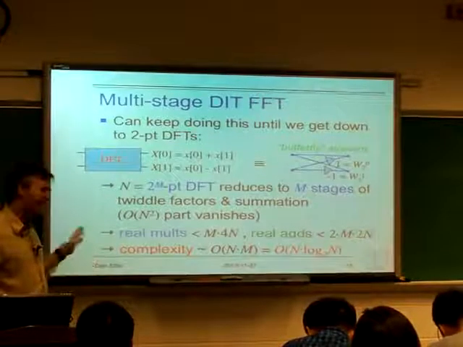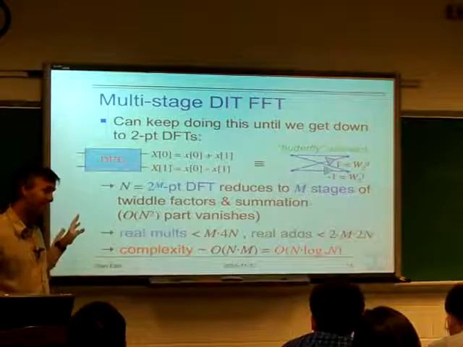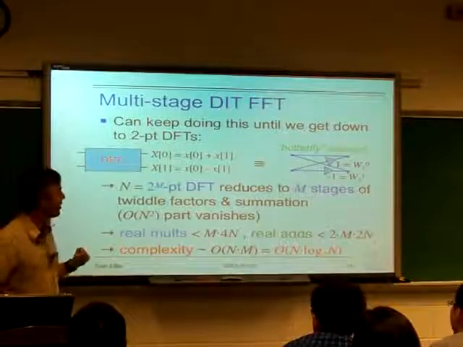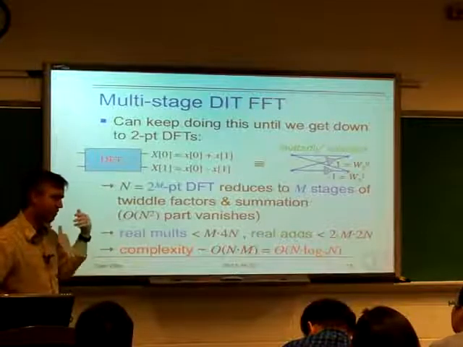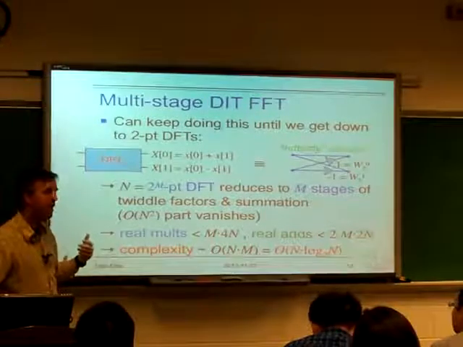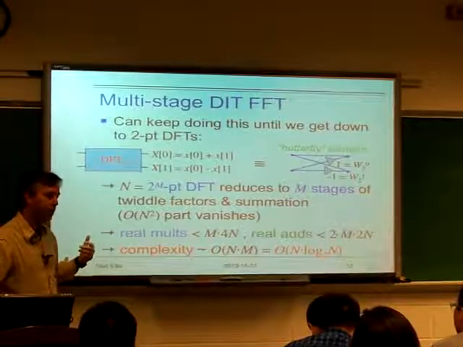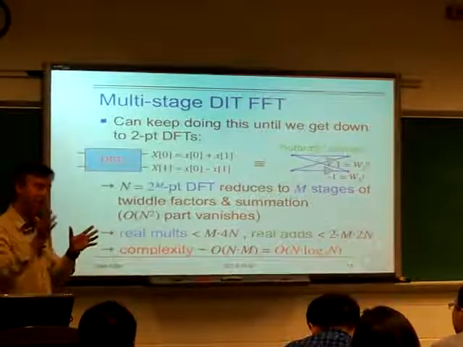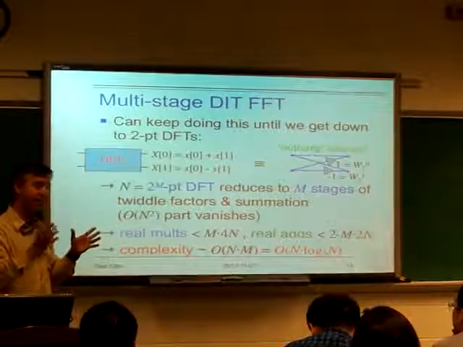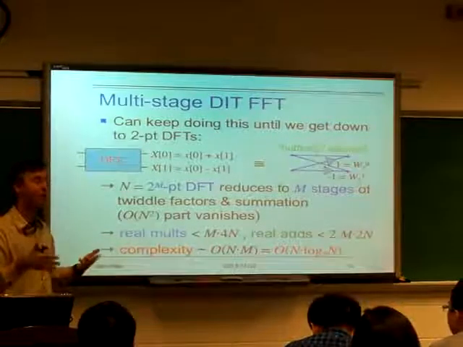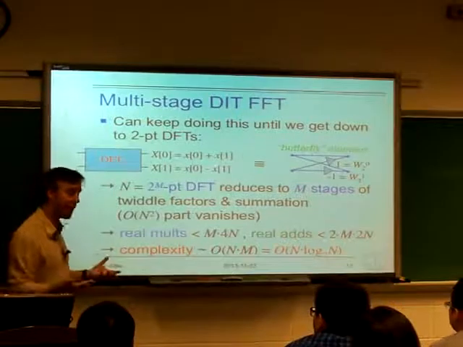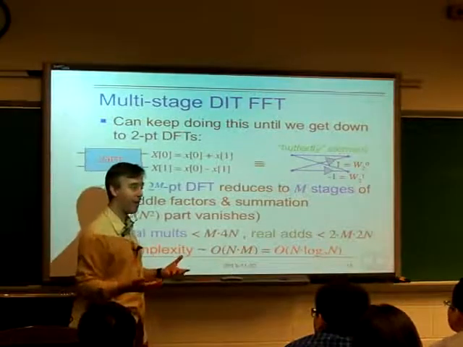So that's the magic of the FFT, that by doing the successive decomposition of the problem, the number of times we could decompose it was proportional to the log base 2 of the number of points we came up with.